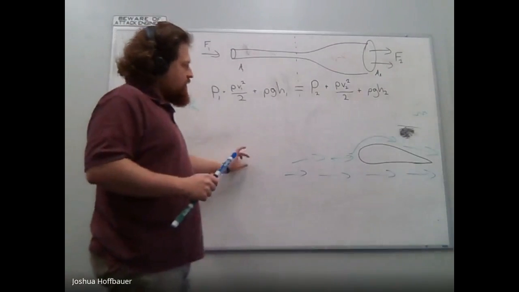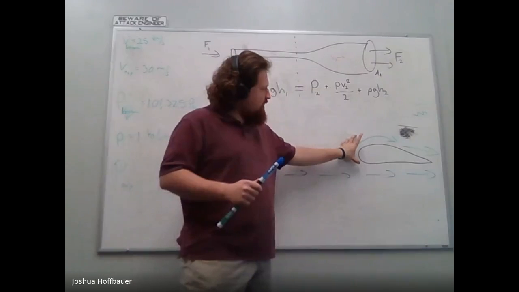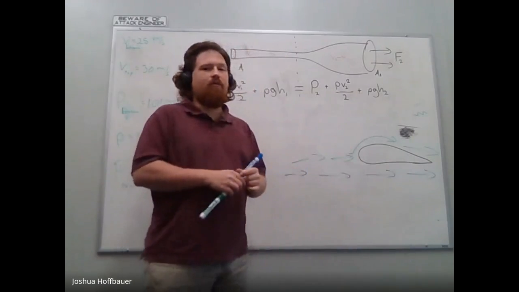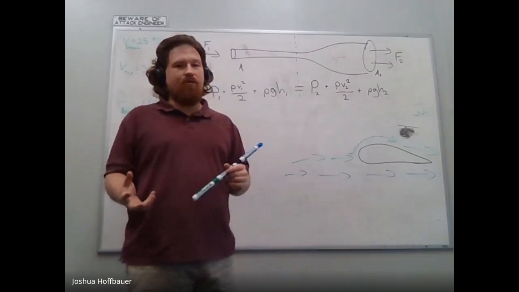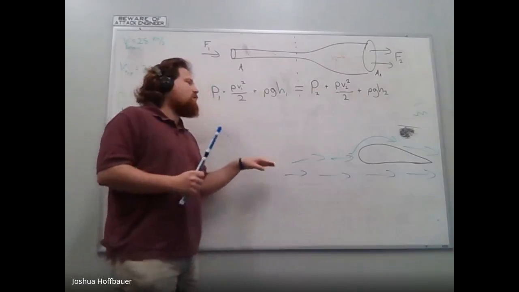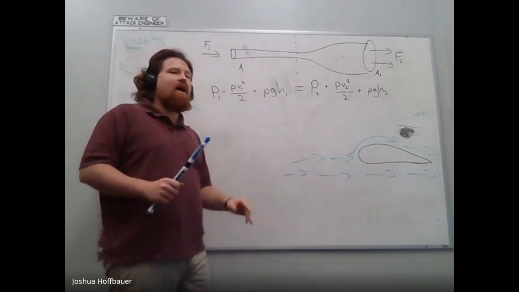We did say that this change in height from the bottom of the wing to the top of the wing is going to be negligible. The air is not going to rise very high above the wing.